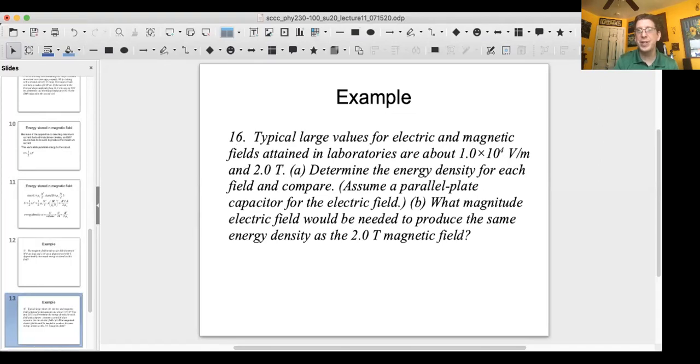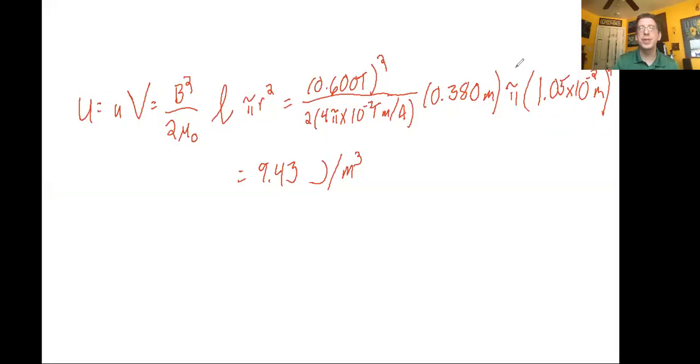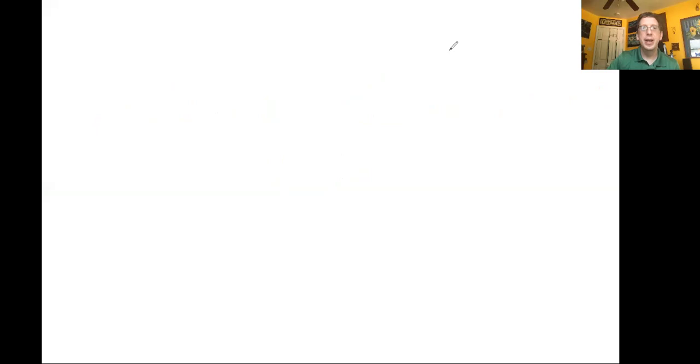Well, the first thing we're going to need to do is figure out energy density in a capacitor, and write it in terms of the electric field. So the energy stored in a capacitor is U, that's not E. There are 3 equations you could use.